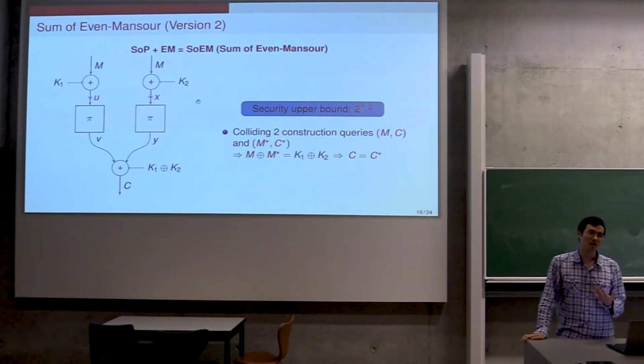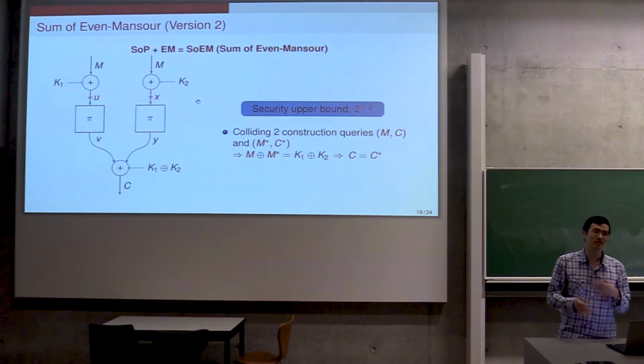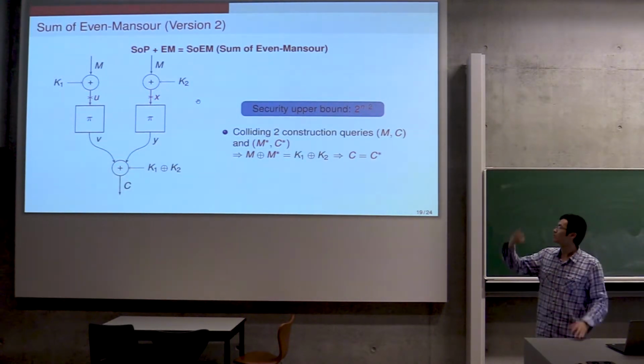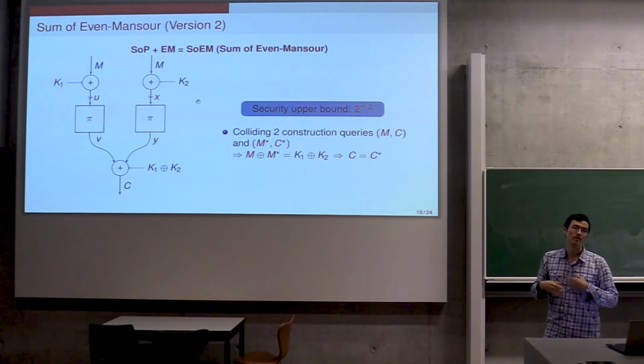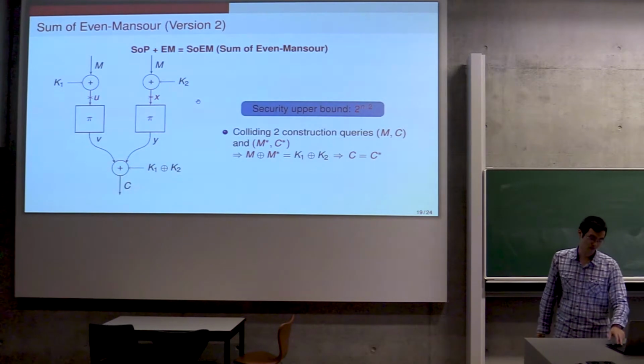So the collision can be found in the birthday bounds. Then again there will be a relation between the outputs of the construction queries, and we are able to distinguish the real world from the ideal.